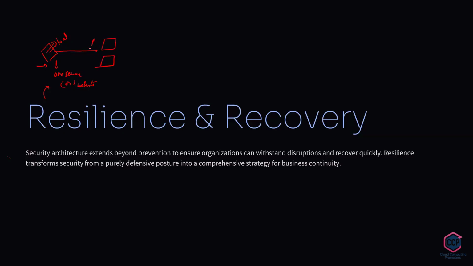If the traffic is heavy here, it will redirect to the other. So there should be no server crash or data corruption. To prevent all those things, they use resilience and recovery, in the sense of backup.